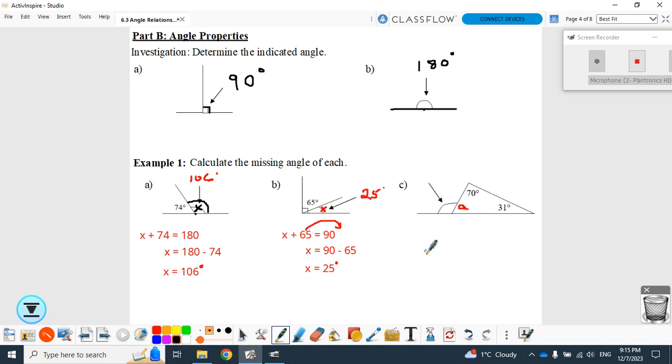Okay. And over here, this is kind of weird because it's outside of the triangle. So I'm going to call this B. On the inside of this triangle, if we're just focusing in on the triangle on the far right, we have 2 out of the 3 angles. We got 31 degrees, we got 70 degrees, and we got something, A, we call it.